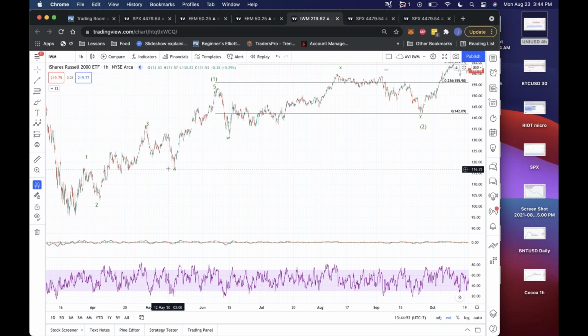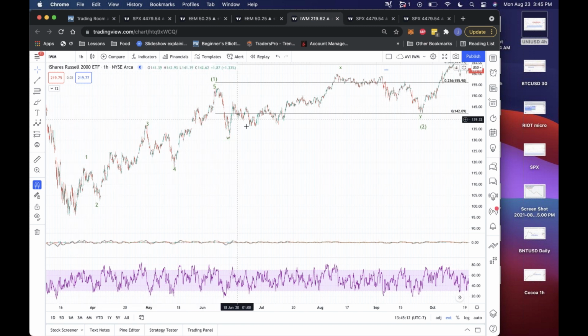In this case it's not necessary, but we most typically see overlap between waves 1 and 4 in the diagonal, whereas in the standard impulse, we do not see overlap between waves 1 and 4.